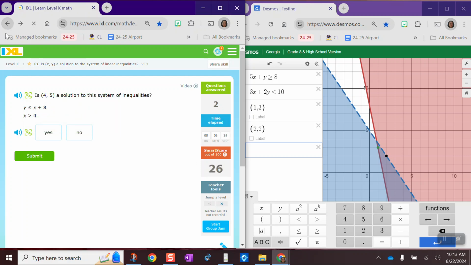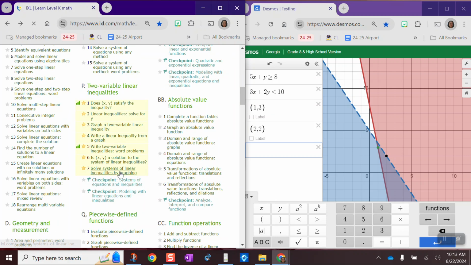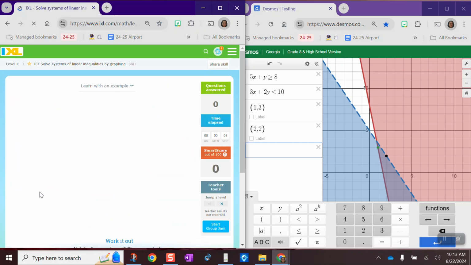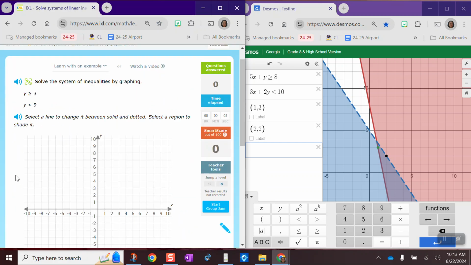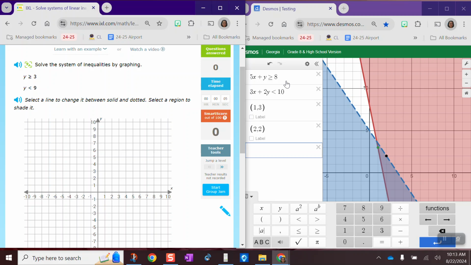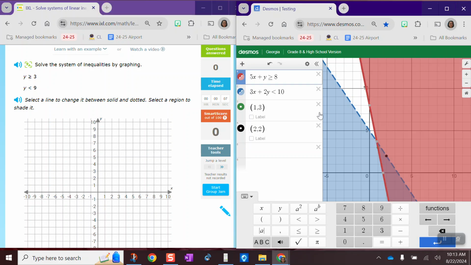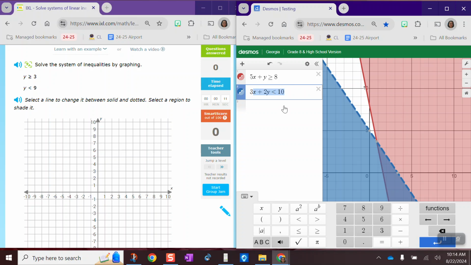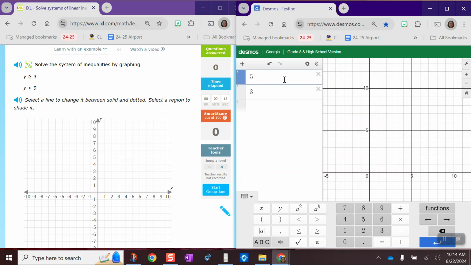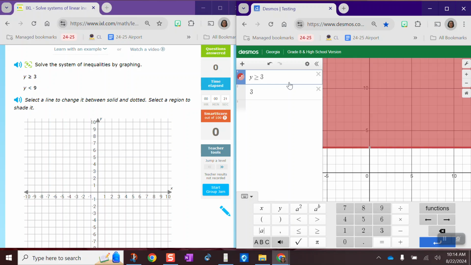Okay. All of them? Solve systems of linear equations by graphing. Oh, well, you have Desmos, so you can start. Y is greater than or equal to 3, right?